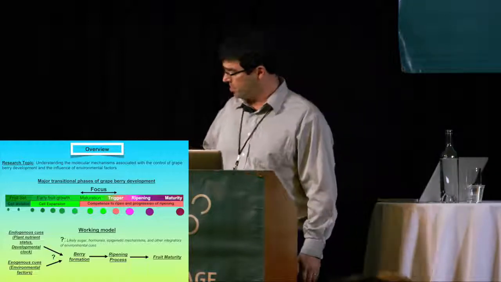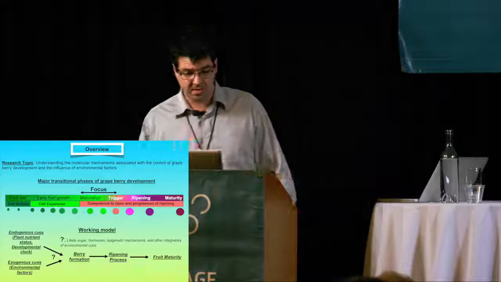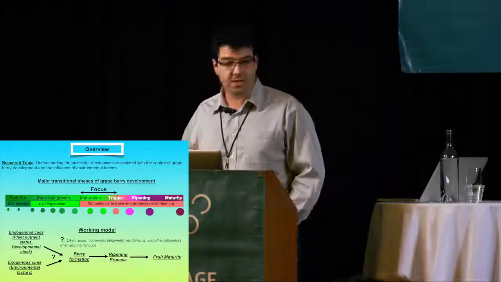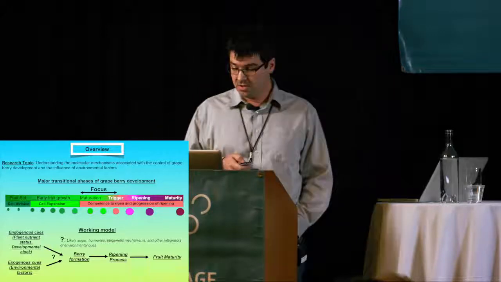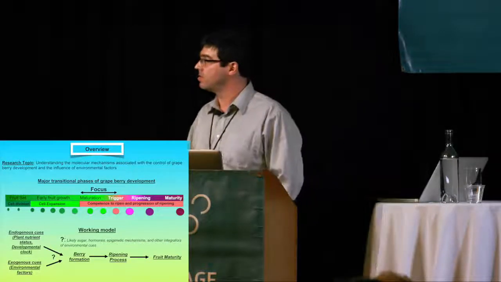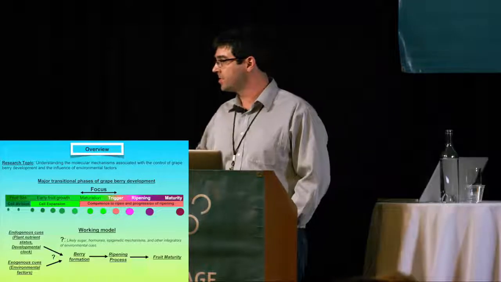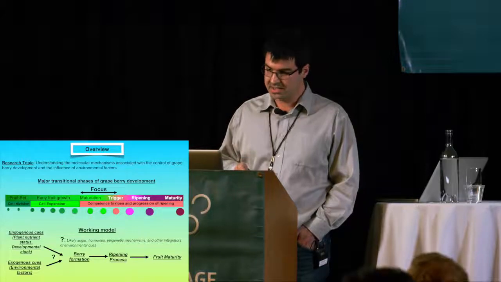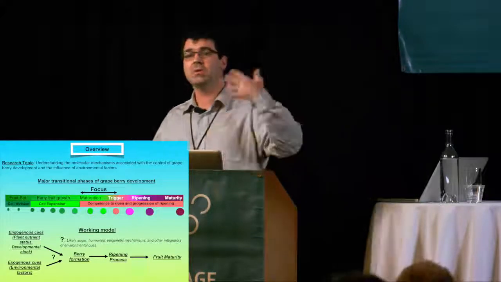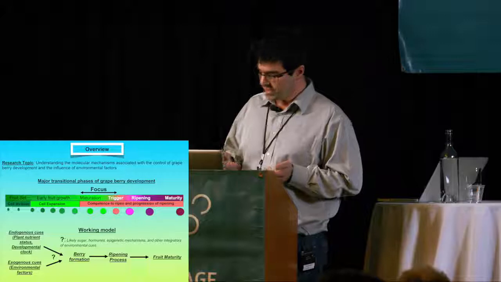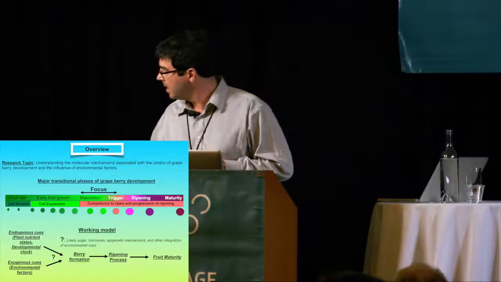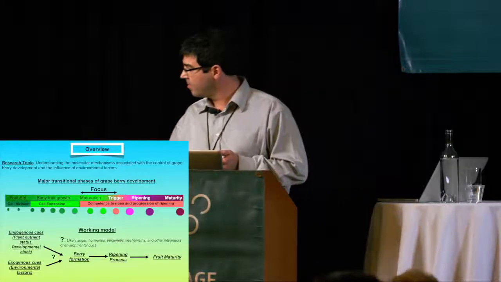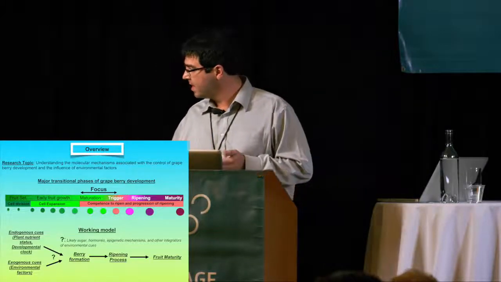All these transitions are triggered by different signals that could be endogenous or exogenous. Exogenous signals would be environmental factors: heat, light, and anything else. All these signals trigger a cascade of events in the fruits that facilitate the transition across the different phases of fruit development, from berry formation, to the ripening process, and finally the fruit maturity.